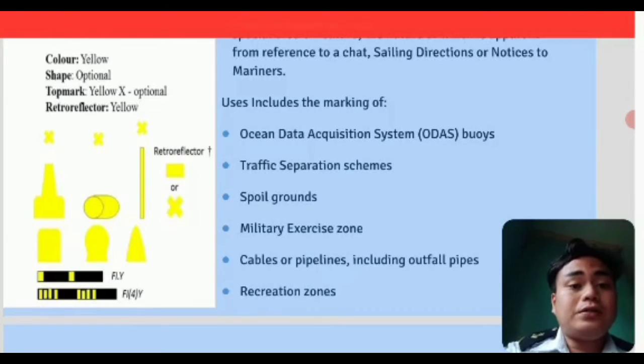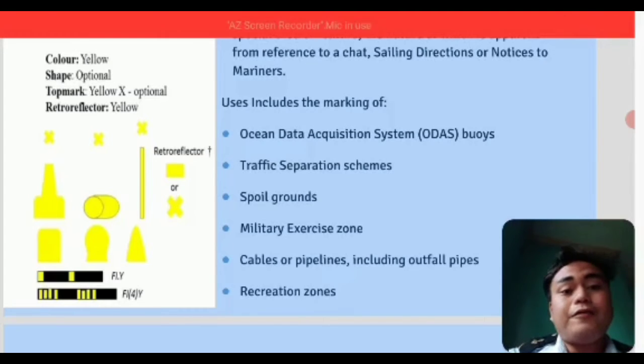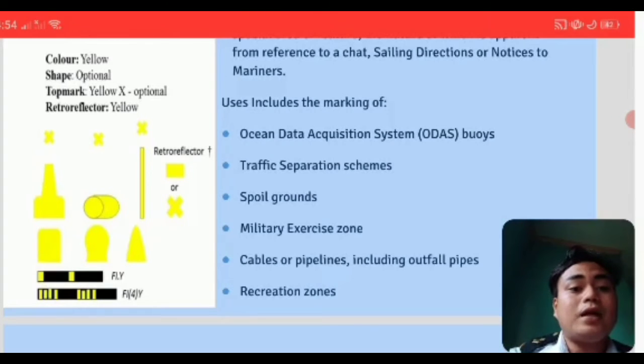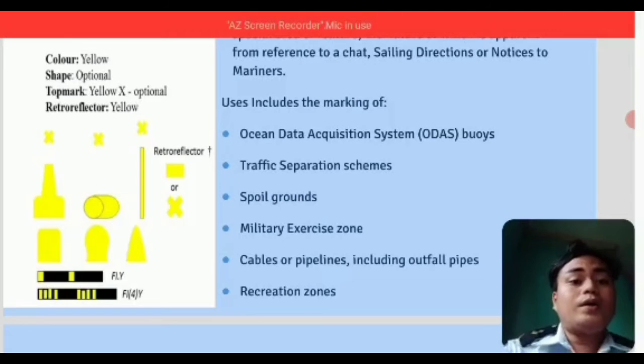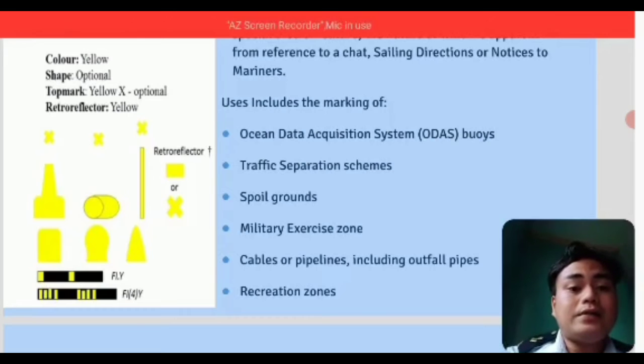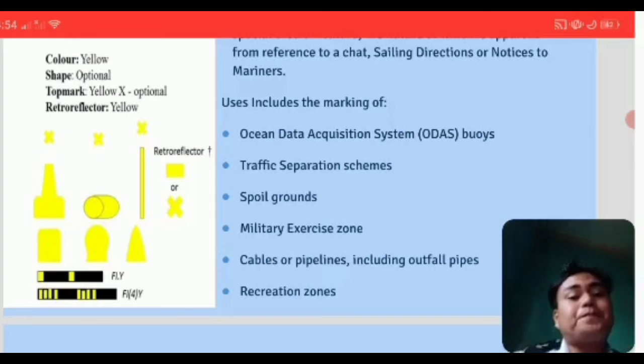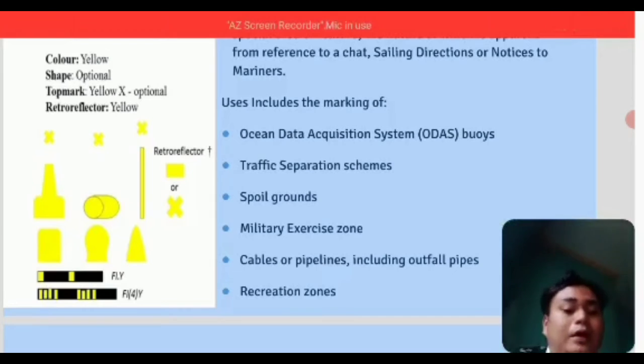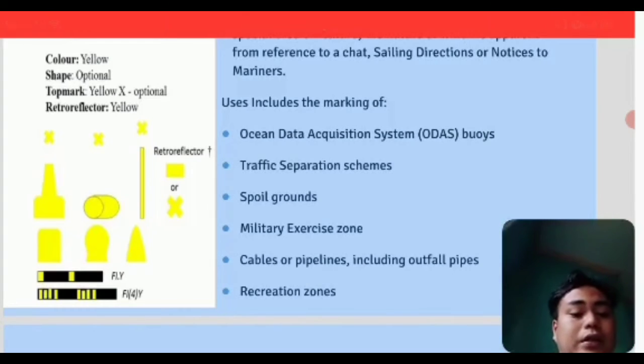The second is traffic separation schemes, the third is spoil grounds, the fourth is military exercise zones, the fifth is cables or pipelines including outfall pipes, and the last is recreation zones.